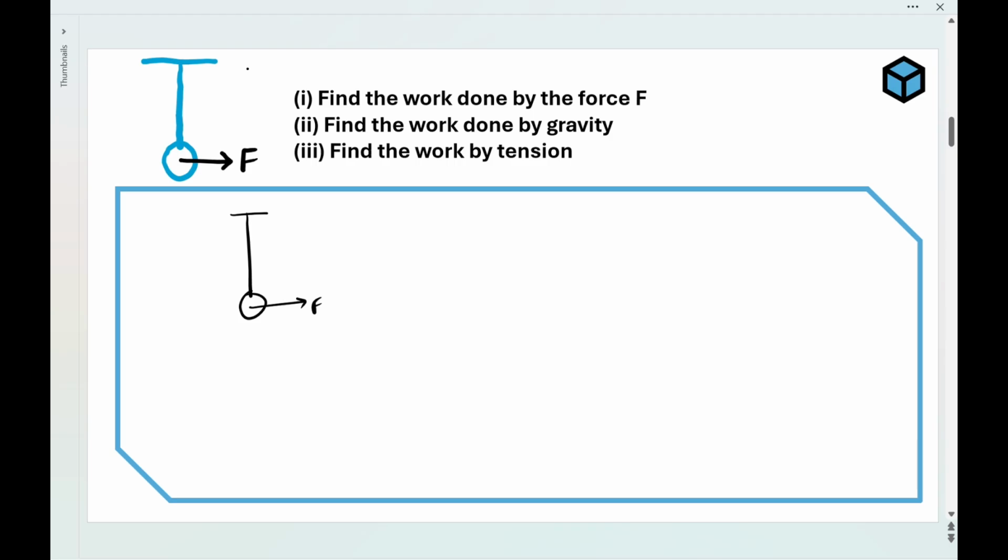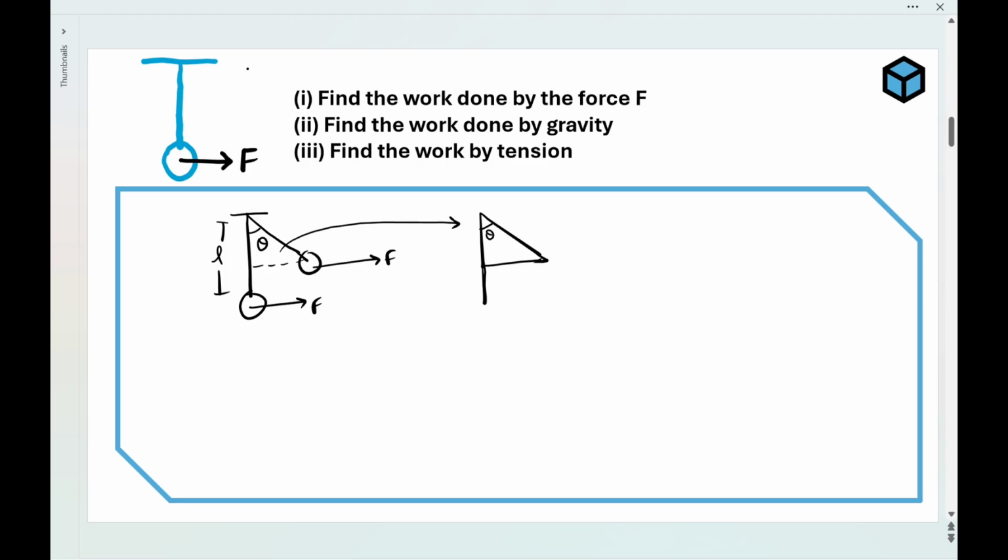So let's say it went up to an angle theta from its equilibrium position. So the force will be something like this. Let the length of the pendulum be L. So this is theta, and here you get a triangle like this and some extra length over here.